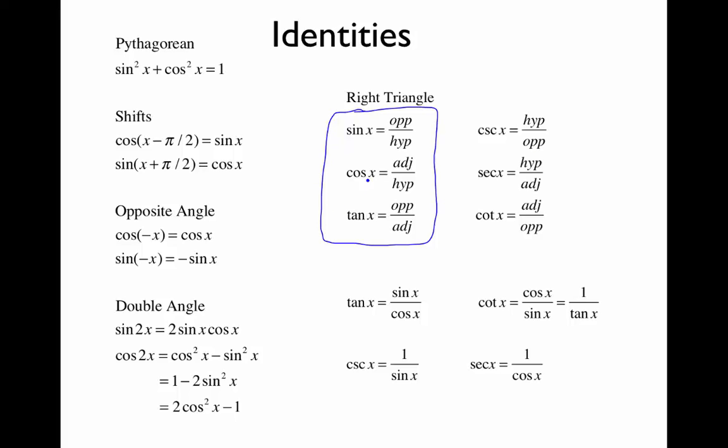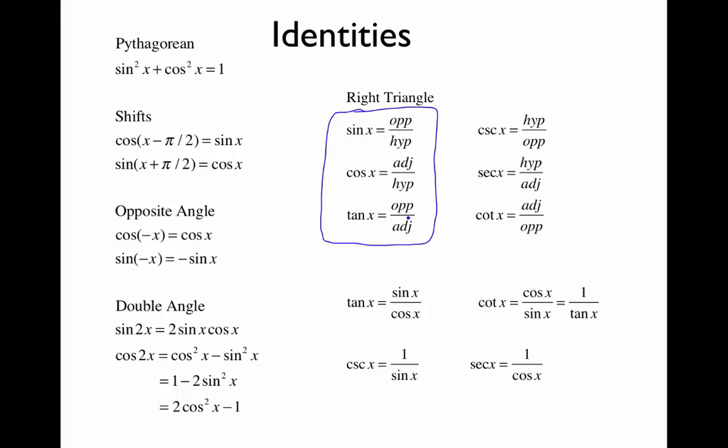You take the reciprocal on the triangle ratio. Okay? 1 over cosine is secant. So secant in the triangle is hypotenuse over adjacent, or the reciprocal of cosine's ratio. Cotangent is 1 over tangent. So since tangent was sine over cosine, cotangent is cosine over sine.